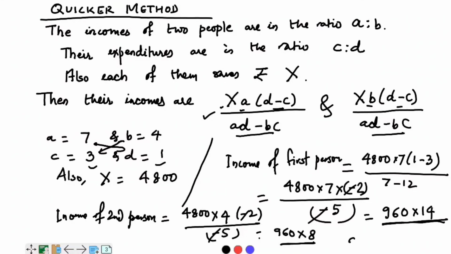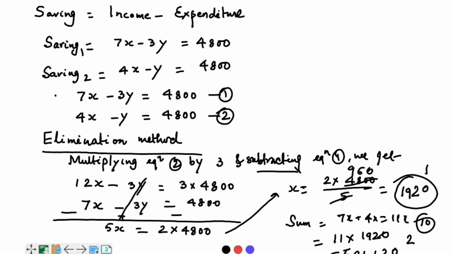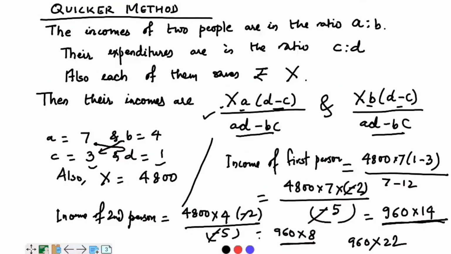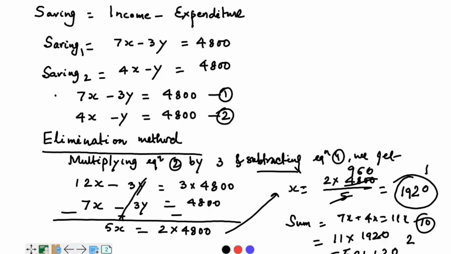The total will be 960 multiplied by 22. You can do it: basically this is 2 multiplied by 11 into 960, and basically this will be 11 multiplied by 1920, which was our case here.